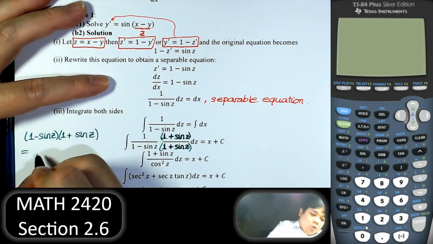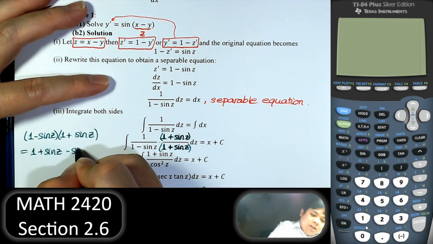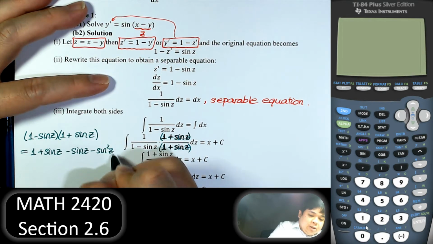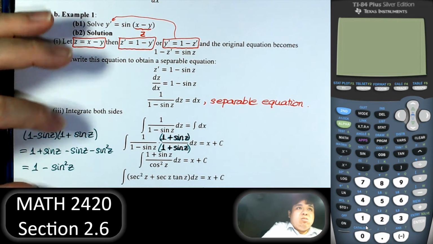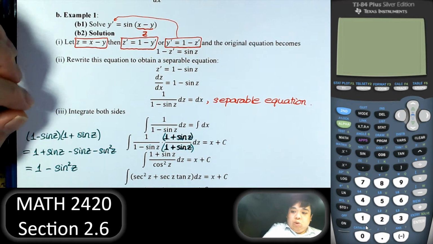1 times 1 is 1, plus sine z, minus sine z, minus sine square. Sines cancel out. 1 minus sine square. And since sine square plus cosine square is equal to 1, this is equal to cosine square, right?